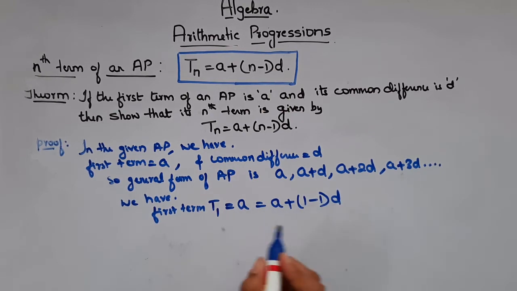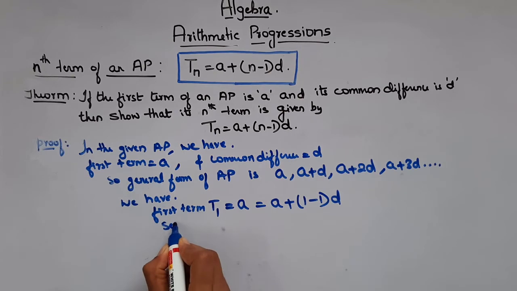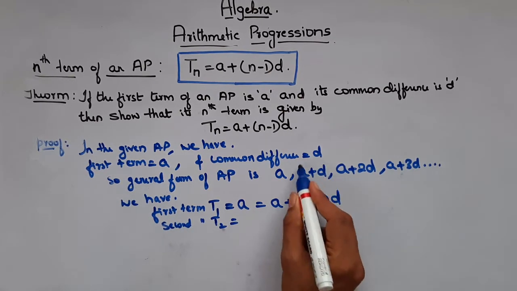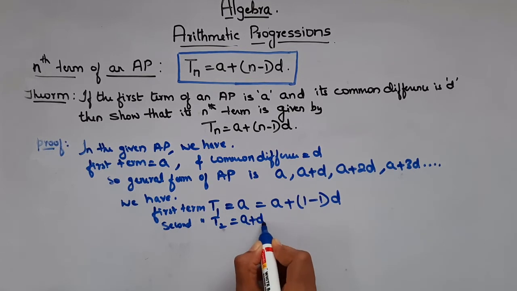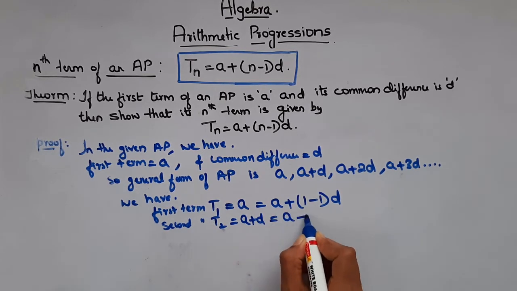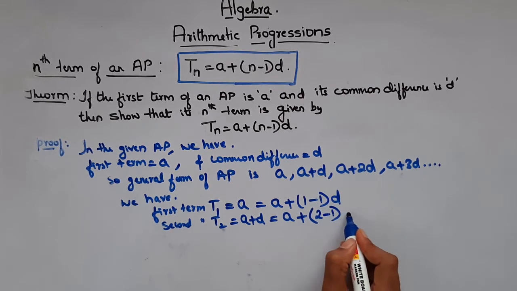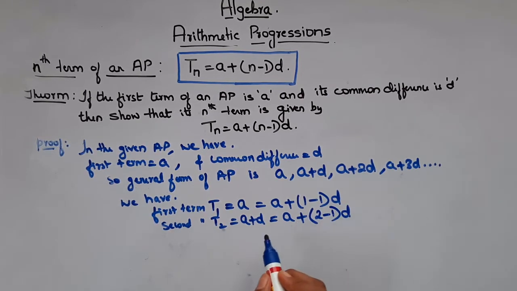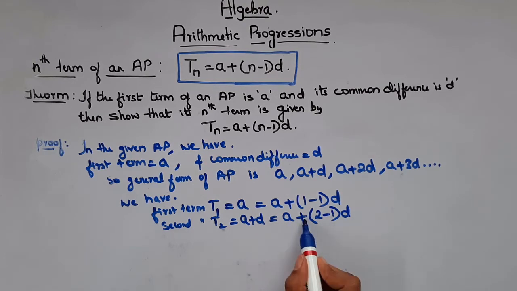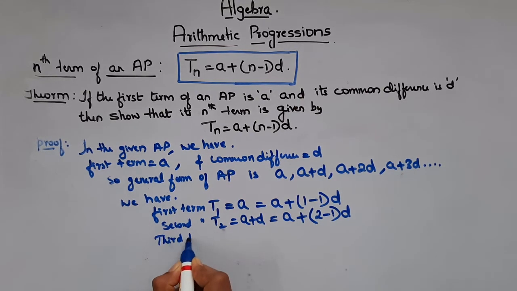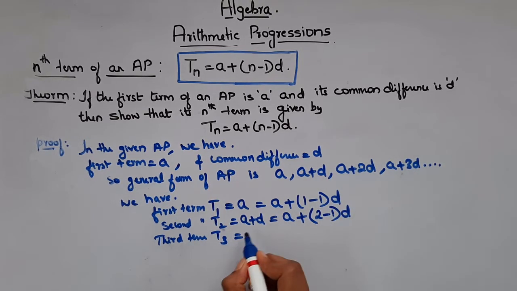So the second term T2 is a + d, which is a + (2 - 1)d. 2 - 1 gives you 1, so 1 into d is d. So your second term is a + 1d, which is a + d, right?